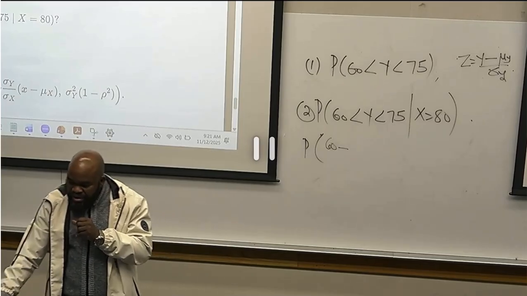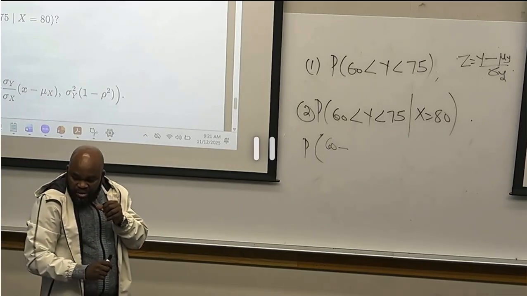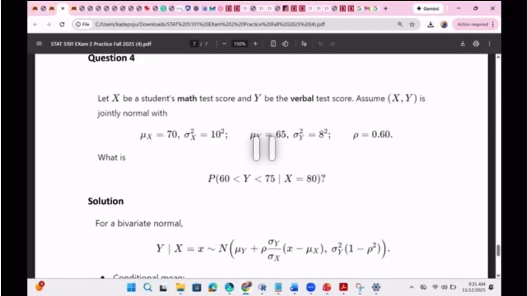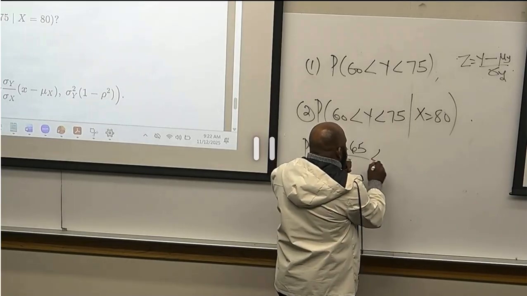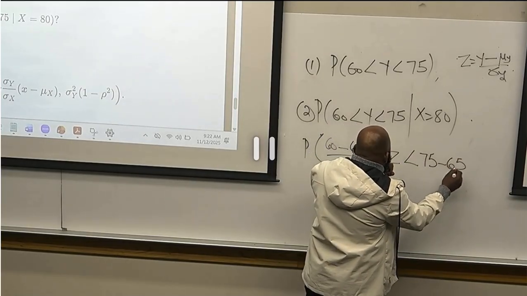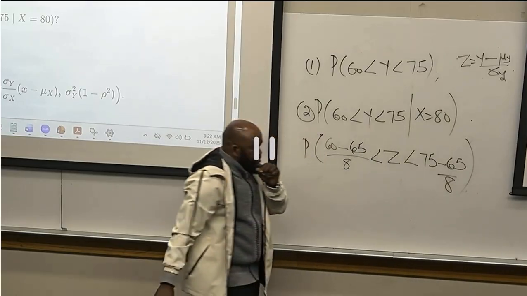The mean given for Y is 65. Divided by the standard deviation for Y, you're given the variance 8 squared, so that would be 8. And the other one is 75 minus 65, divided by 8.